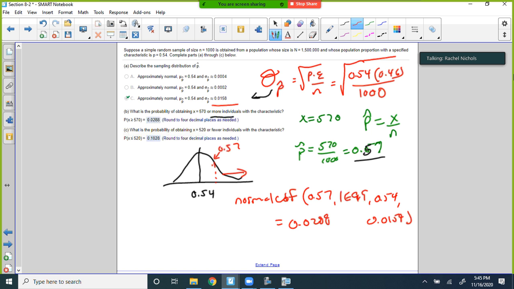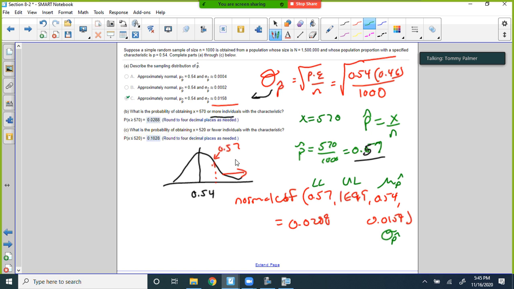How do you know when to put 1E99 for the upper versus the lower? You see this graph? If we're trying to find everything above 0.57, it's in the upper category. So this would be your lower limit, and this would be your upper limit, right? This is your mean of p hat, and this right here would be your standard deviation of p hat.